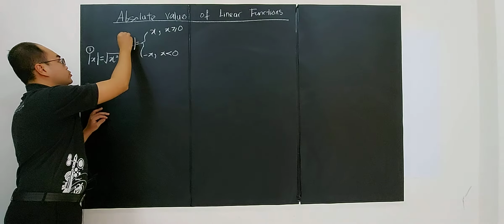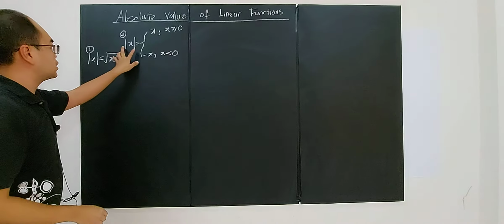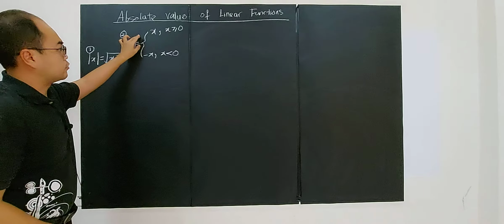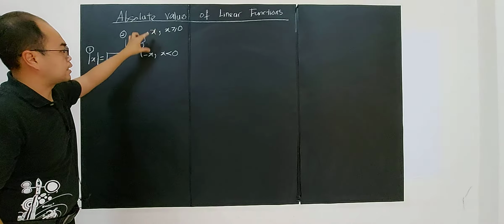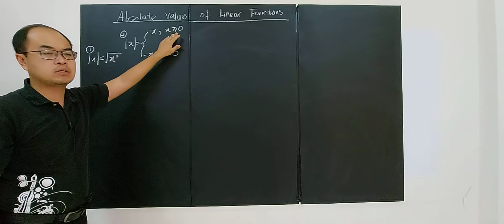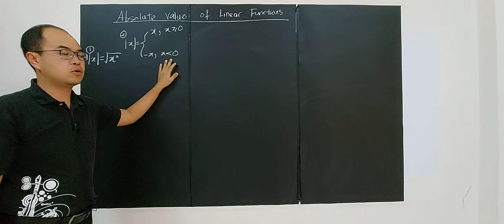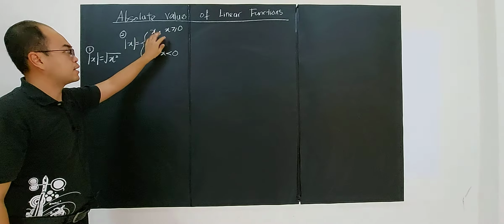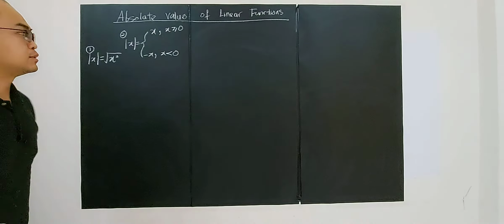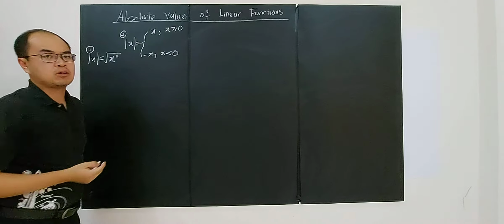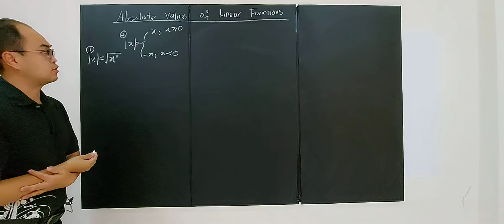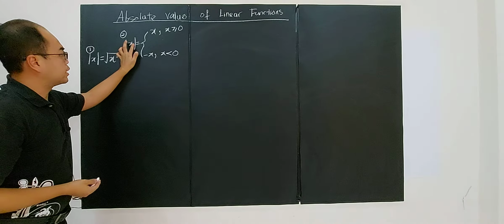So now we're going to introduce the second concept here, that modulus of x is actually defined to be a piecewise function of x and negative x when x is more or equal 0 and x less than 0. I'm going to explain why this happens. As you know, the modulus is always positive, so the modulus of any number is always positive.